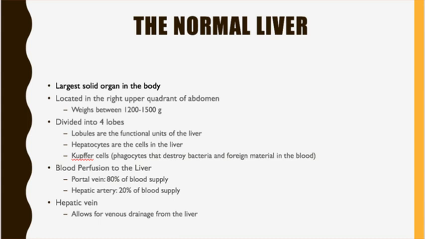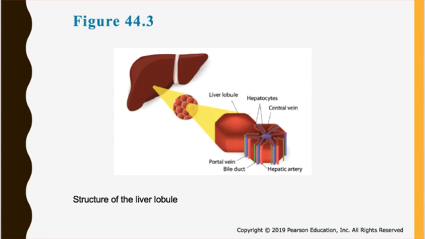Venous drainage occurs from the hepatic vein, and it empties into the inferior vena cava near the diaphragm. This next slide is just a picture of what it looks like in one of the liver lobules.